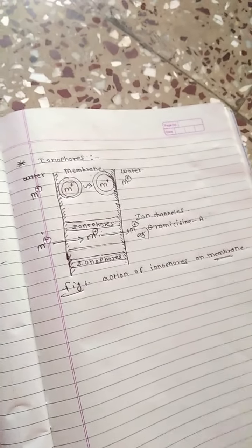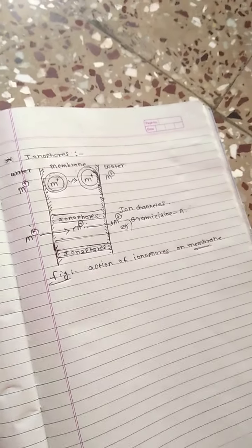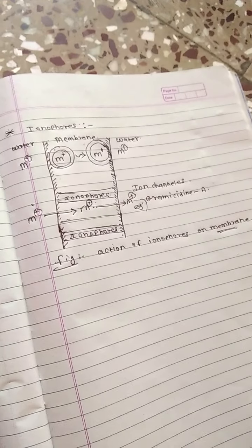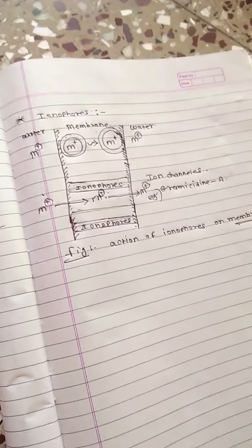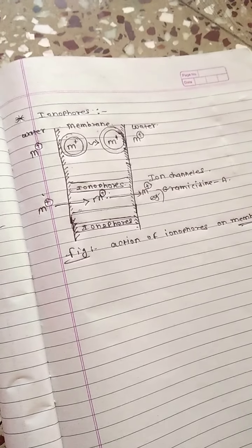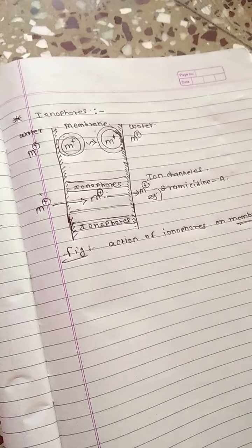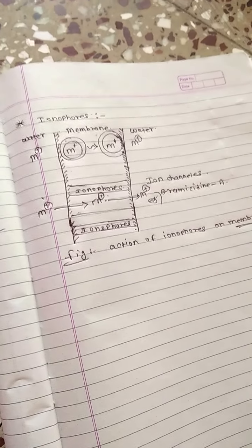Now, some naturally occurring molecules have the ability to encapsulate a metal ion from various coordination sites and at the same time provide a layer of organic group outside the complex.